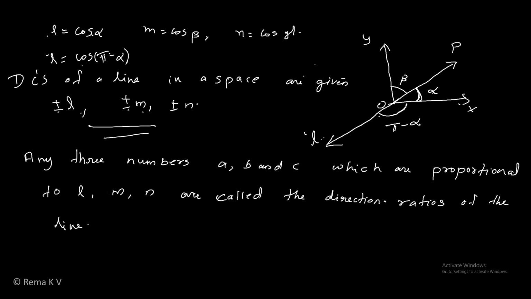The same definition we had learnt in vector algebra also. Any three numbers a, b and c which are proportional to l, m and n are called the direction ratios of the line.